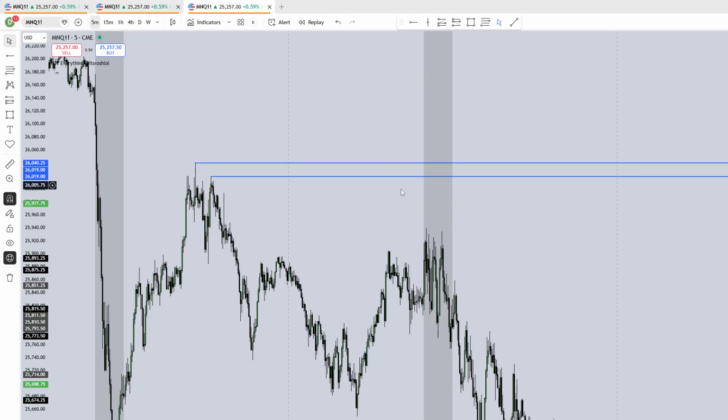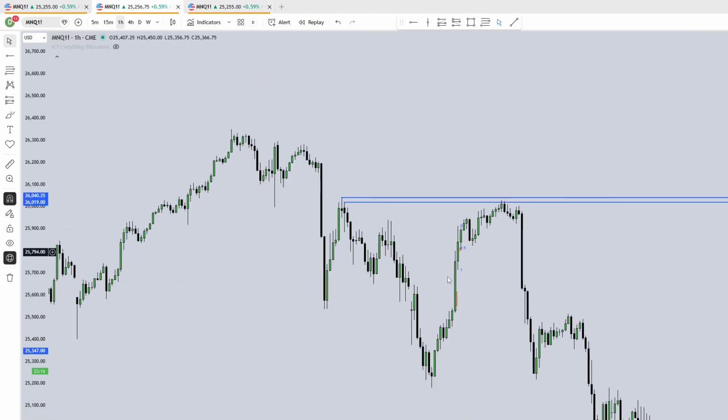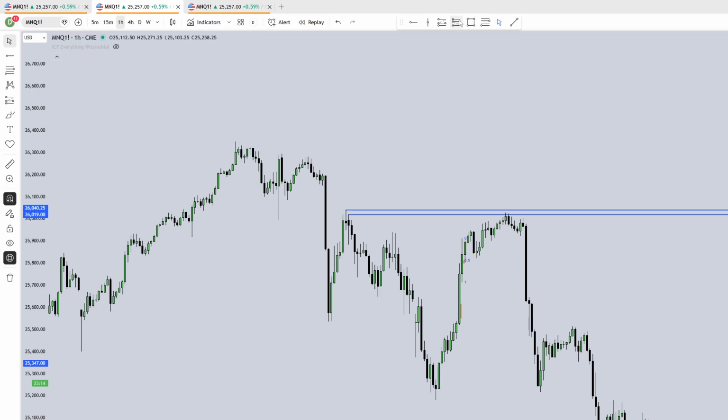So I usually look for an hourly liquidity pool or a fair value gap, and then I'll go on the M5 and refine my targets to 2R. Like if that hourly liquidity is 2.2 and I can lower it to something below that hourly high, or this imbalance here, the premise is the same.